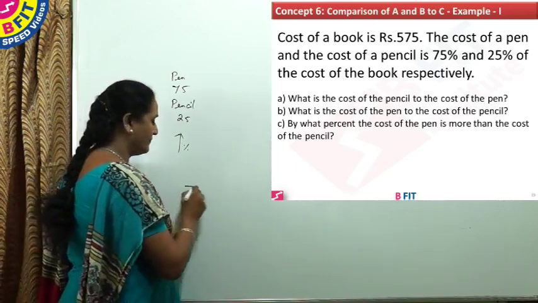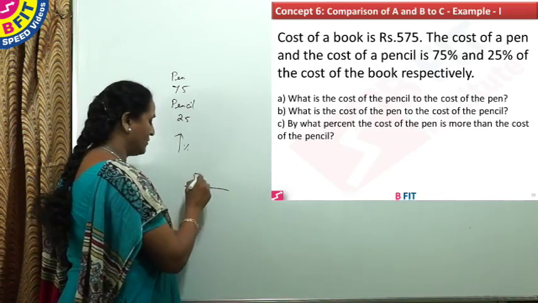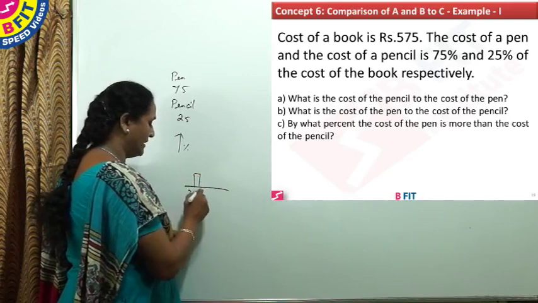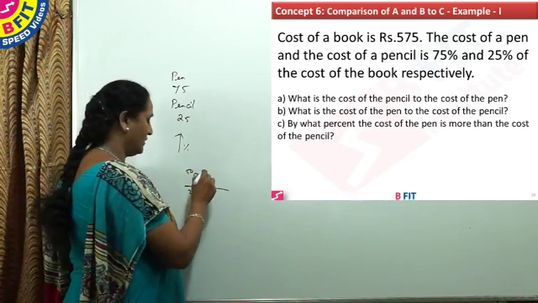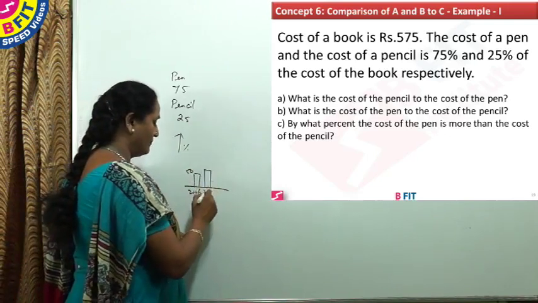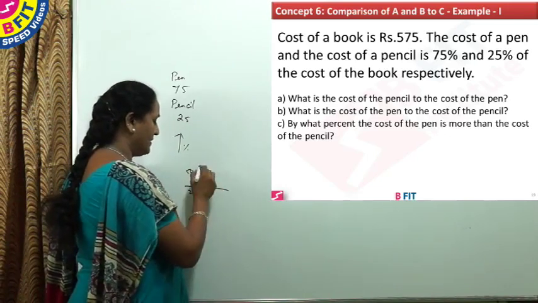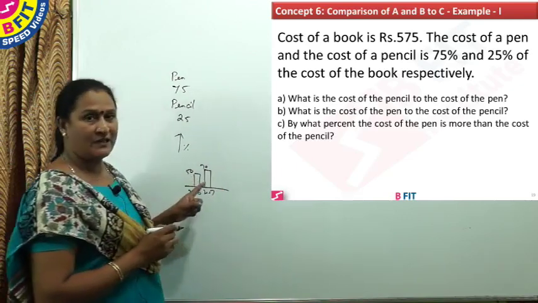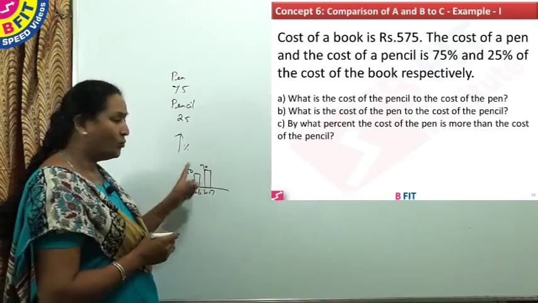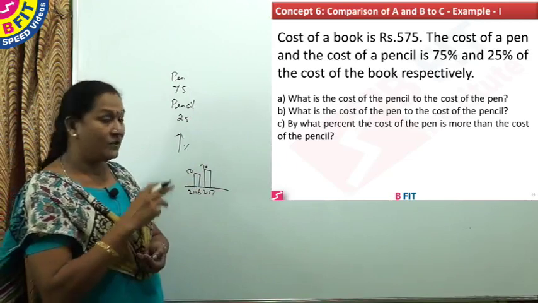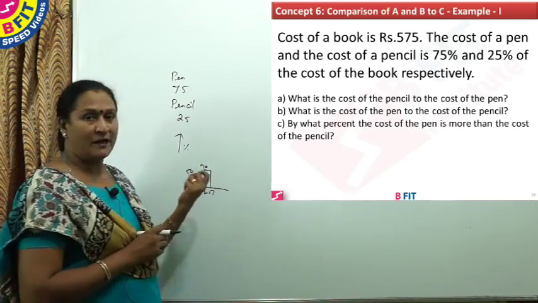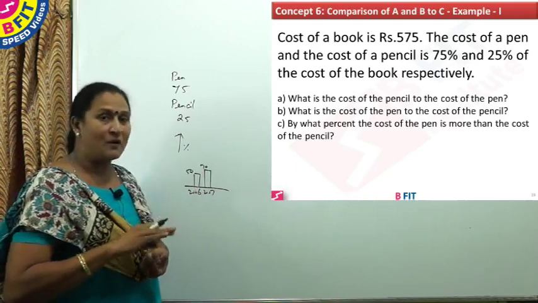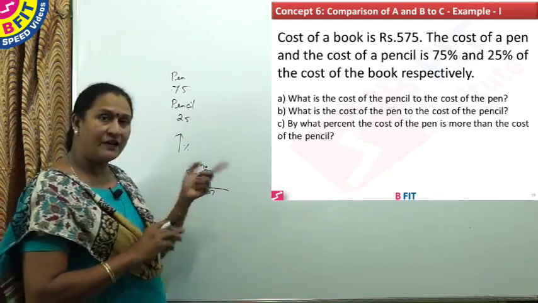Suppose the production of the year 2006 is 50 tons. Next year, in 2007, it is 70. Now by what percent is the production more than the previous year? So it is an increase. By what percent is it more? It is 20 points more. From how much is it more? From 50 it is more.